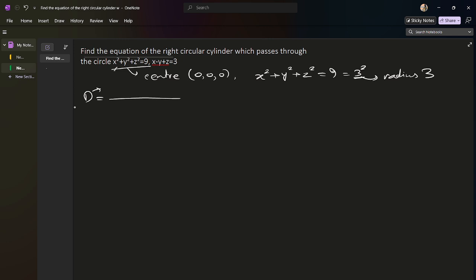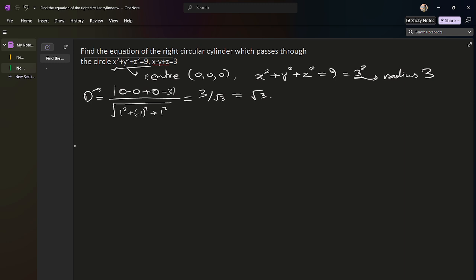It will be calculated by 0 minus 3, since x, y, z will be 0 here, and the coefficient of x is 1. So the distance will be 3 by root 3, which is root 3.